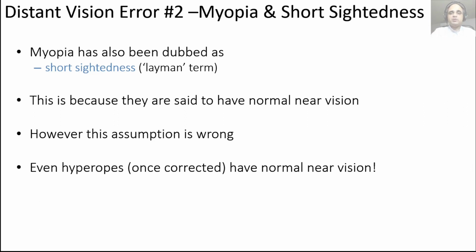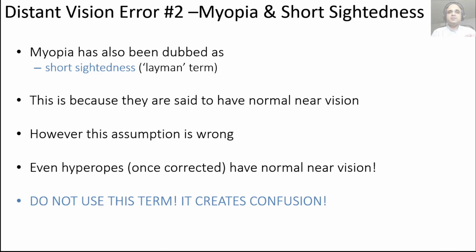The reason hypermetropes usually do not have good near vision, or their complaints or symptoms start off with deteriorating near vision, is because they're using some of their accommodative amplitude to fix their distant vision. But once you have taken care of their hypermetropia, their near vision is just as good as that of a myope, i.e. normal, or emmetrope to be more precise. So do not use this term. It creates confusion.